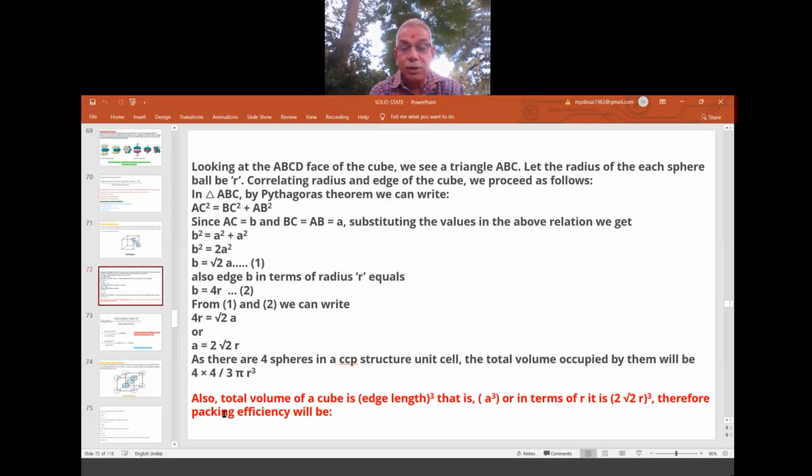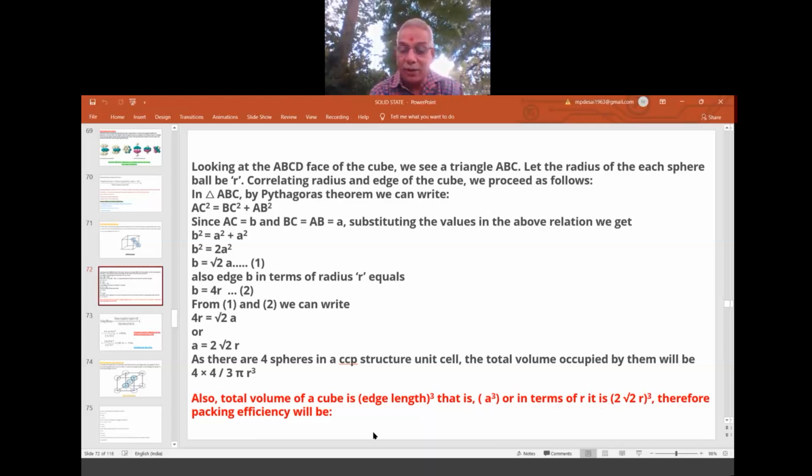Also the total volume of a cube is edge length cube. It is a cube, so total volume of the cube is a cube. So what is a here? A is 2 root 2 r. So volume of the cube equal to a cube, that is equal to 2 root 2 r cube.